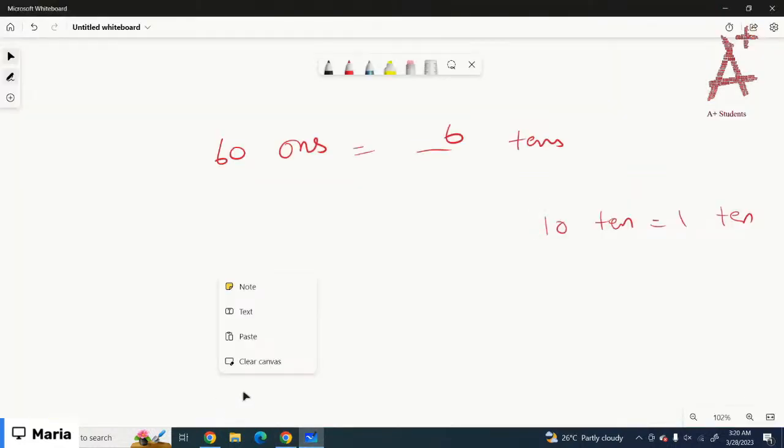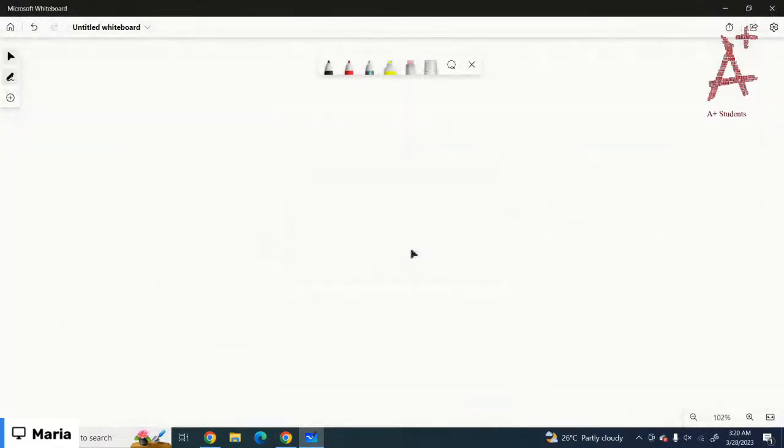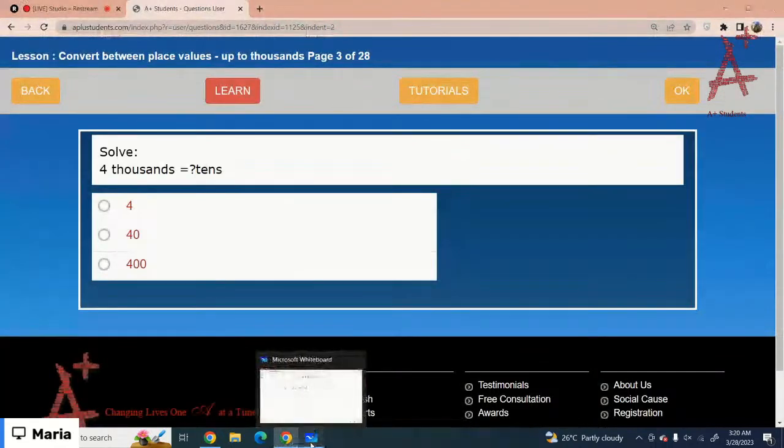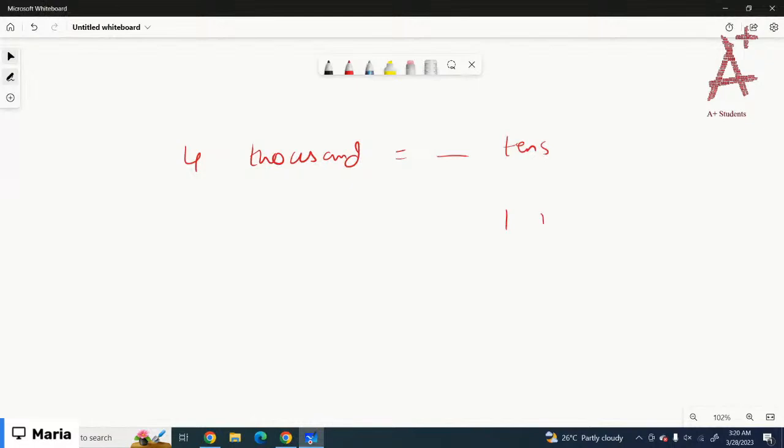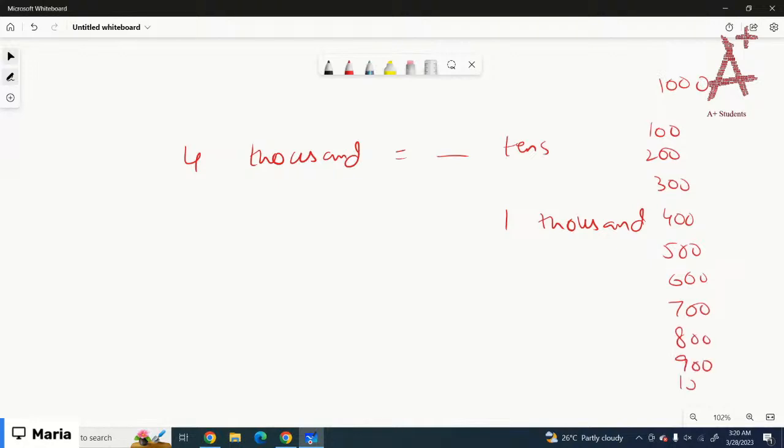4,000 has how many tens? Just look at the 1,000. Got it? 1,000 has 100, 200, 300, 400, 500, 600, 700, 800, 900, and 1,000.